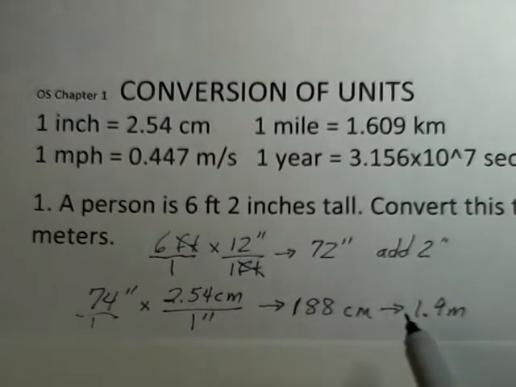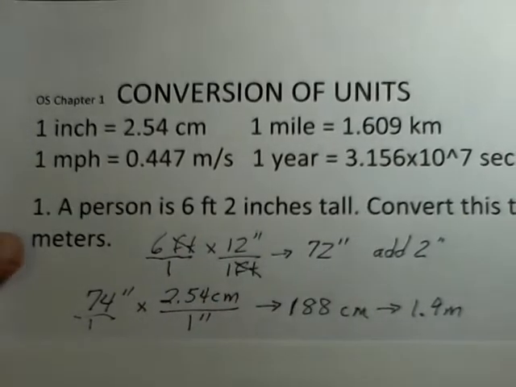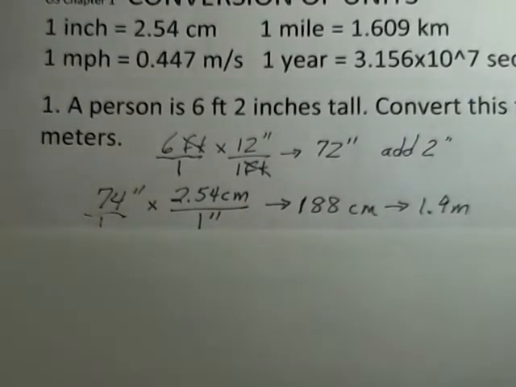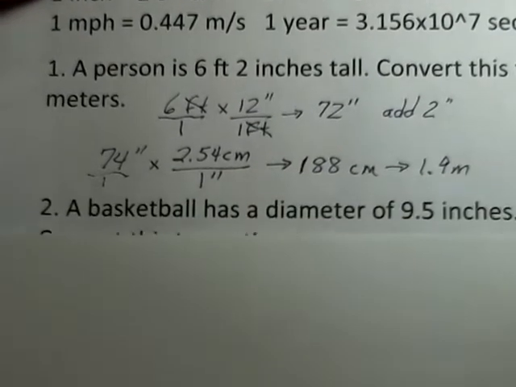I'm choosing to round off the final answer to 2 significant figures, 1.9 meters, roughly matching what I had to work with here, the 74 inches. So roughly a person is about 2 meters tall. A tall person is about 2 meters tall, and many people are just slightly underneath 2 meters.